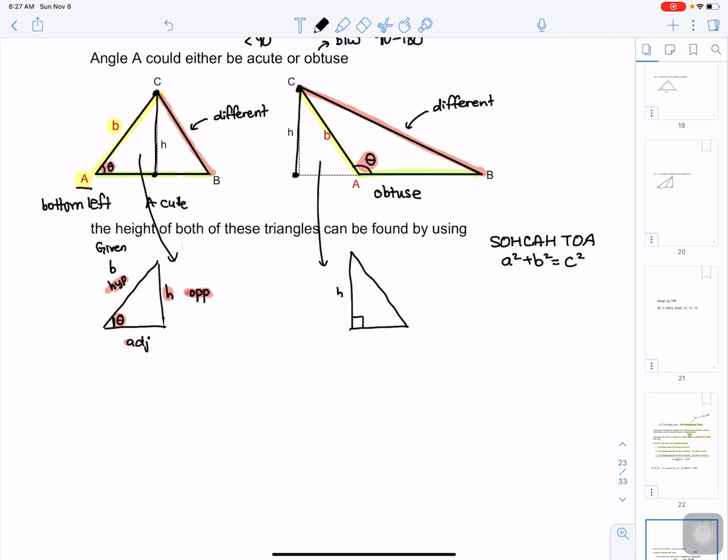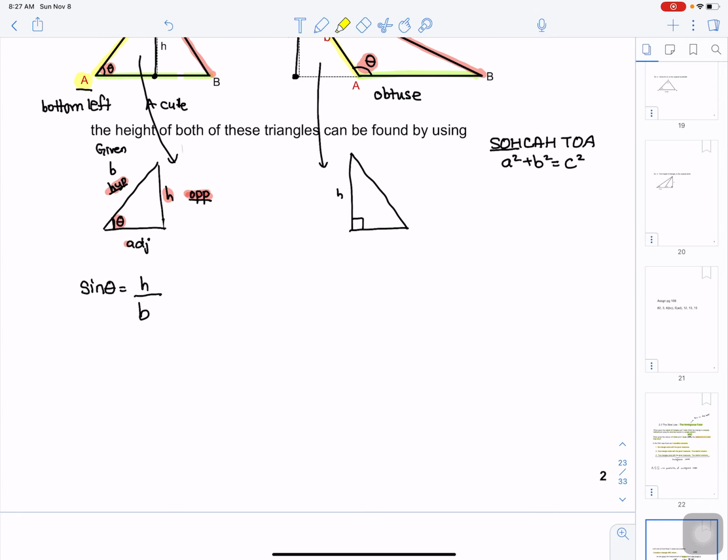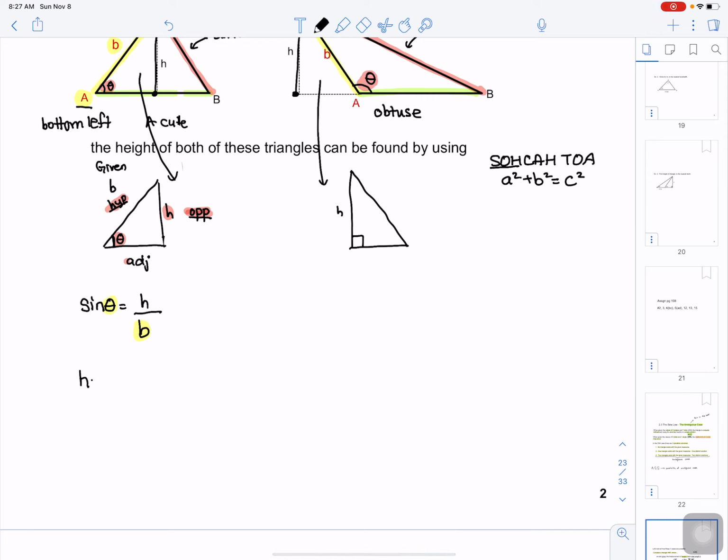Then if I want to solve for the height, I'm involving the opposite and the hypotenuse, which is part of my SOHCAHTOA. Sine of theta is equal to opposite over hypotenuse, h over b. The theta is given and the b is given, so I'm really solving for h. So I'm going to multiply both sides by b. So h is equal to b sine theta.